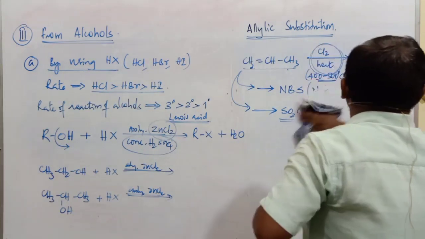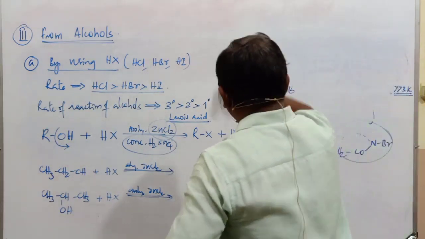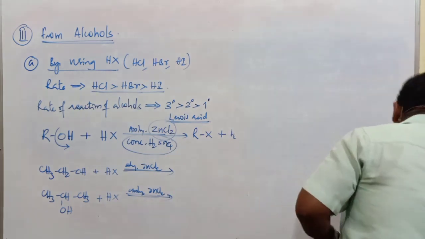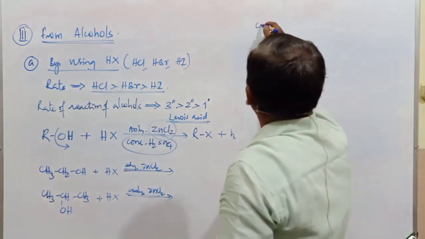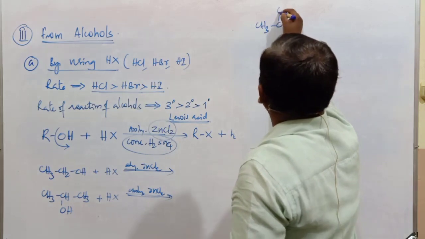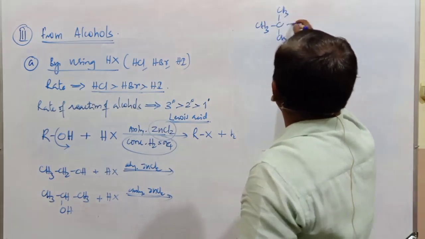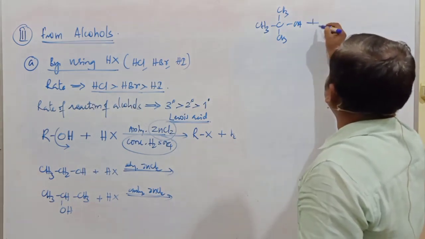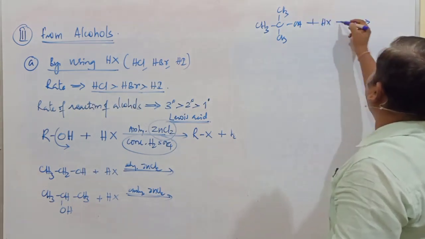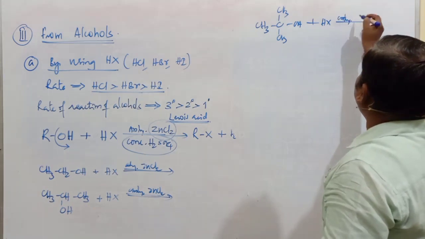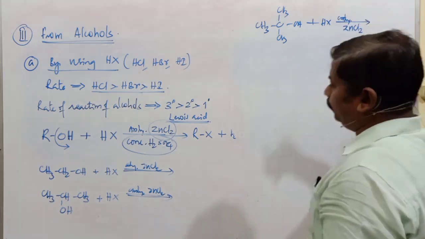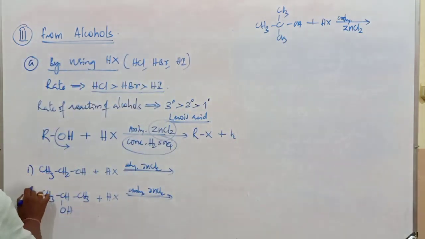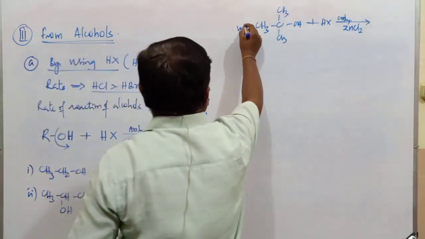What is the observation in case of those reactions? Do we get different types of products? And one more alcohol I will consider here, (CH3)3C-OH, treated with HX in presence of anhydrous ZnCl2. So remember, this is the first reaction, this is the second reaction, and this is the third reaction.